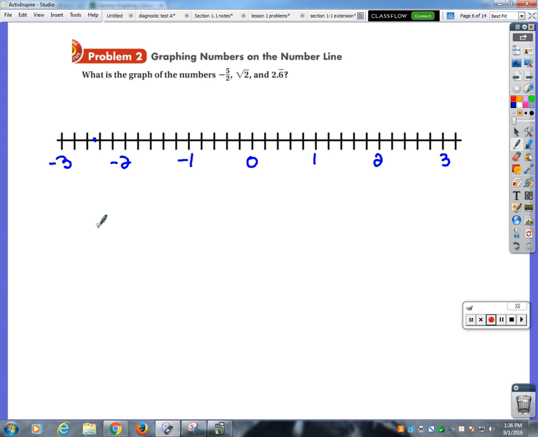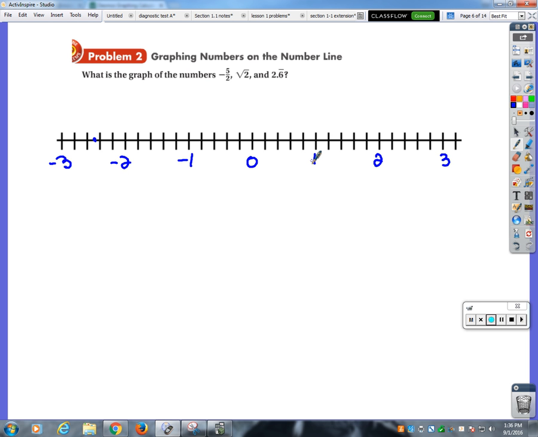Okay. All right, what about the square root of 2? Which way do I go to start? To the right, because it's positive. Okay, now time out. Square root of 2 cannot be bigger than 2. Is it bigger than 1?